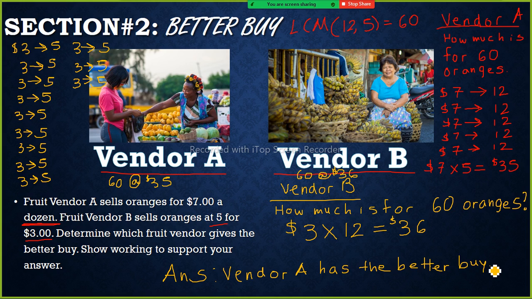But even if they're giving you some for free, you still have to take that into account. For example, if vendor B says 5 oranges for $3, another vendor could say 2 oranges for $3 and 3 free for every 2 oranges that you purchase.